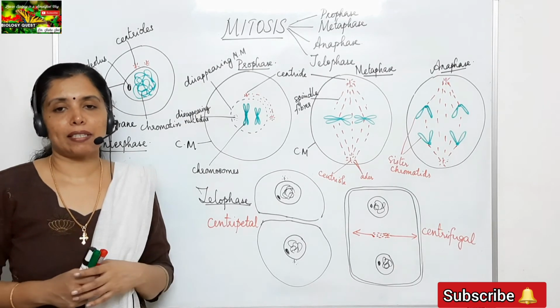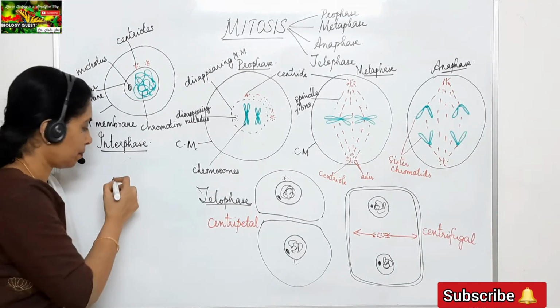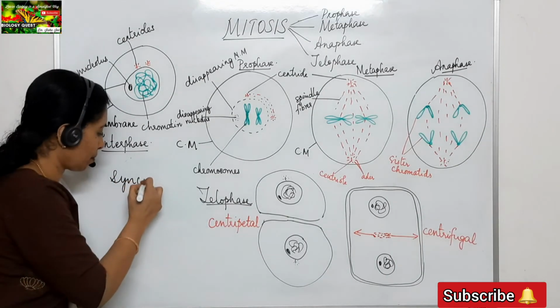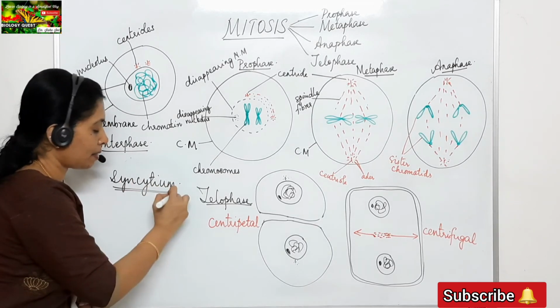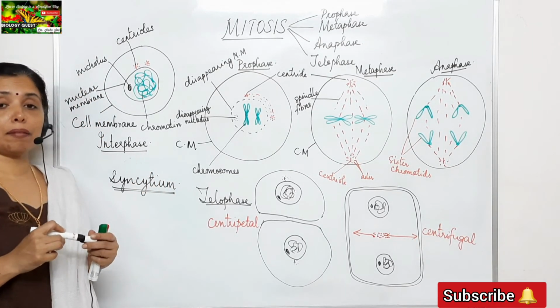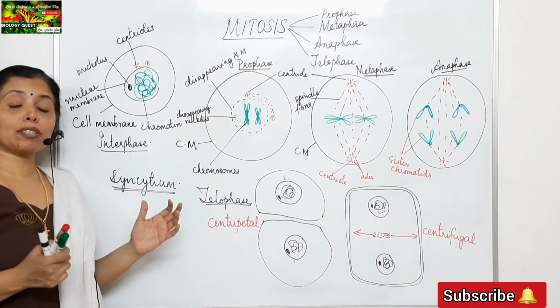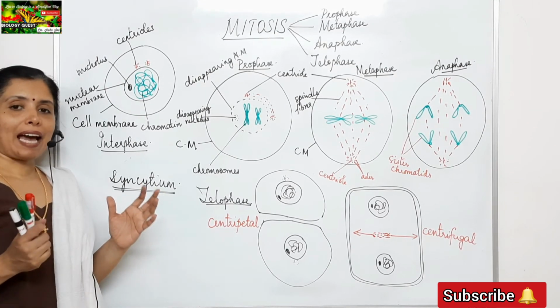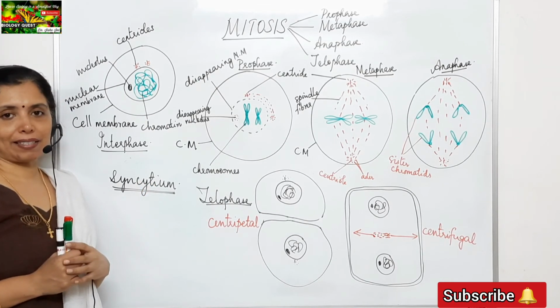Such a condition is said to be syncytium. That is a multinucleate condition. The formation of syncytium is due to the absence of cytokinesis after karyokinesis.